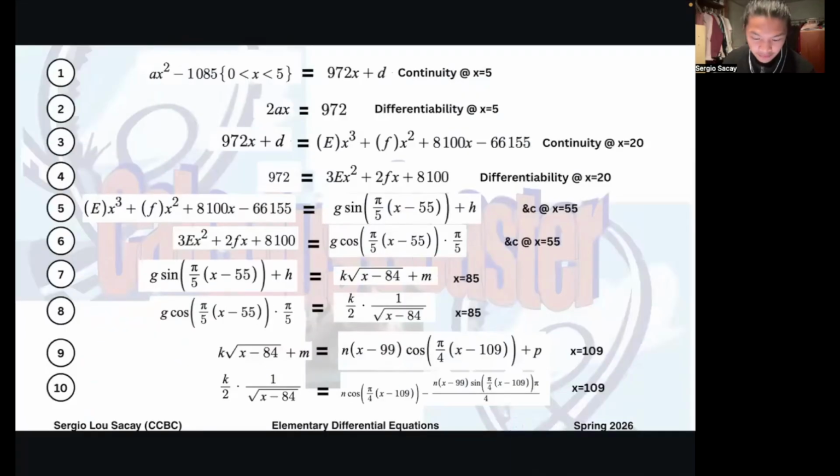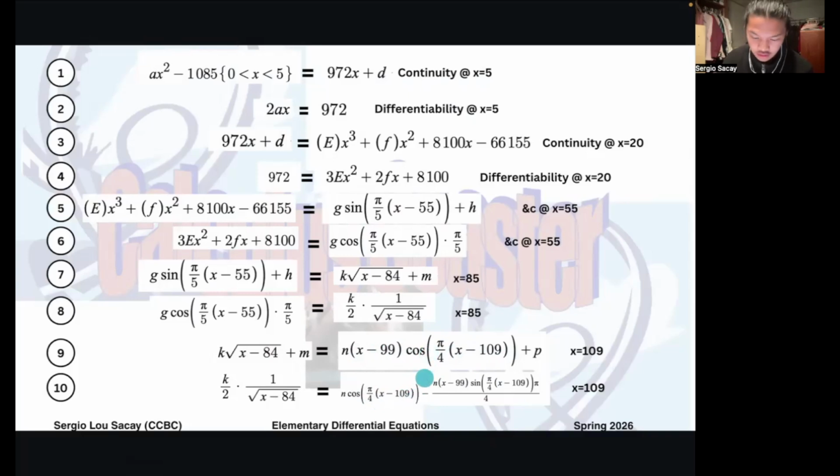Okay. So n is a constant, so we keep the constant. And then the derivative of this x minus 99 is just 1 as was before. So it's 1. That's the derivative of the first times the second, so you keep the second function.